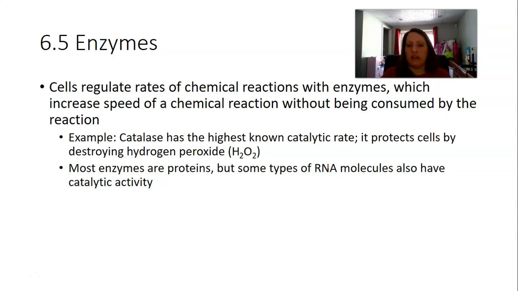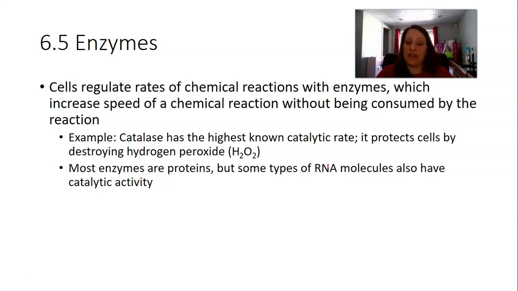The job of catalase is really protection of cells. What catalase does is it will take hydrogen peroxide, which is H2O2, okay, that stuff in your medicine cabinet in the brown bottle. That's also produced inside your cells as a byproduct of many reactions. If catalase was not present, the breakdown of hydrogen peroxide is a spontaneous reaction.